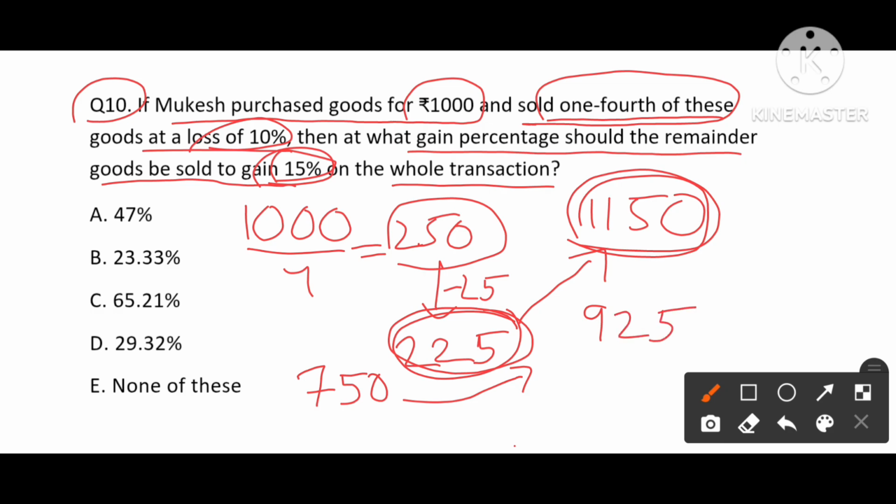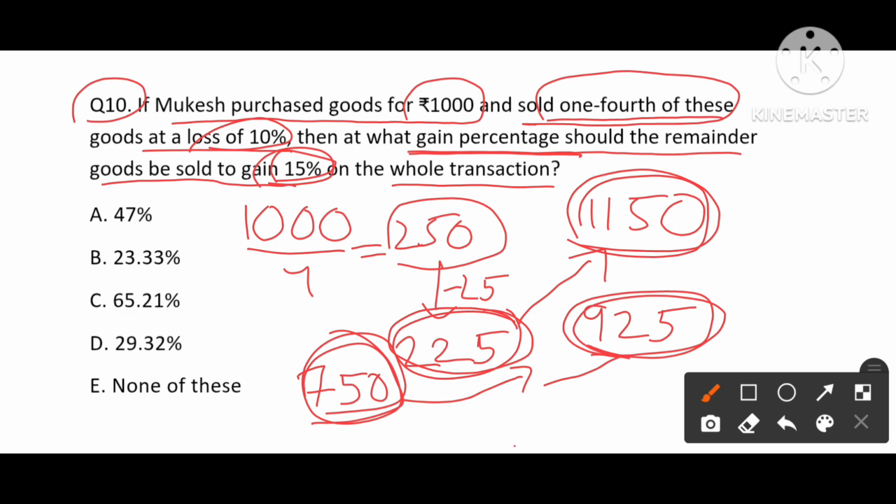So 750 worth of goods he needs to sell at 925 rupees. So the question asked is, what is the gain percentage? Gain percentage means the difference between 750 and 925, which is 175, divided by the cost, which is the lower value, 750, in the denominator, into 100.